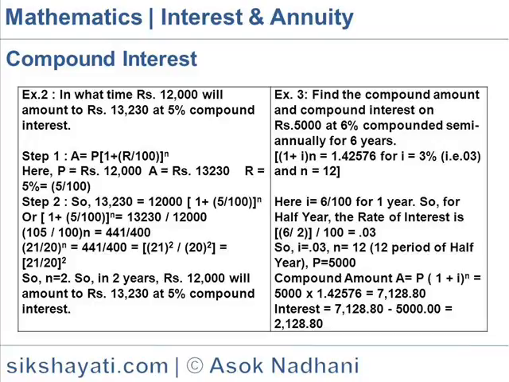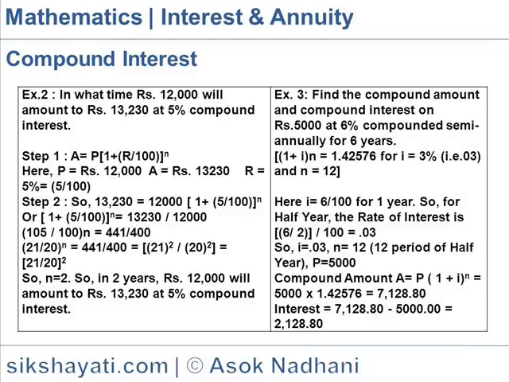Find the compound amount and compound interest on rupees 5,000 at 6% compounded semi-annually for 6 years. It is given that (1 plus i) to the power n is equal to 1.42576 for i is equal to 3% and n is equal to 12. Here the rate is 6 by 100 for 1 year. So for half year the rate of interest is 6 by 2 by 100, which is equal to 0.03. So i is equal to 0.03, n is equal to 12 because there are 12 periods of half year, and P is equal to 5,000.